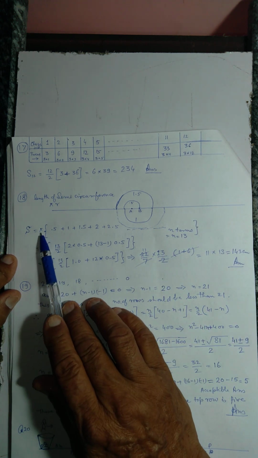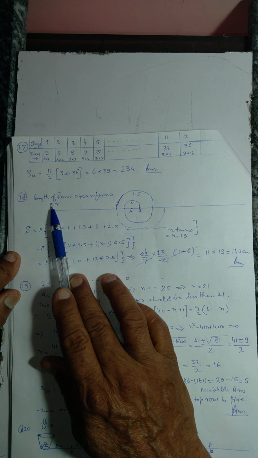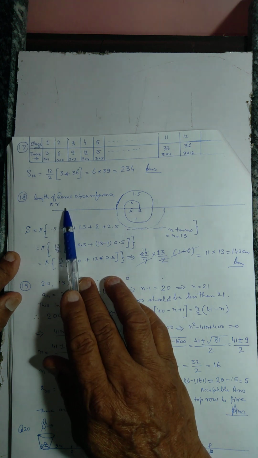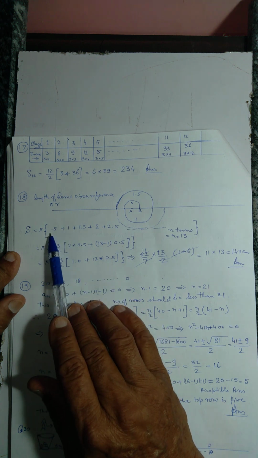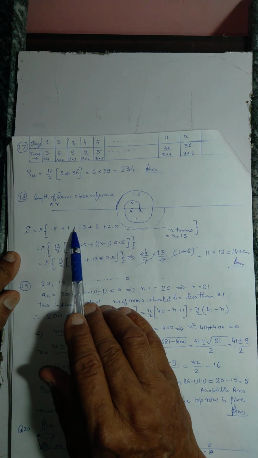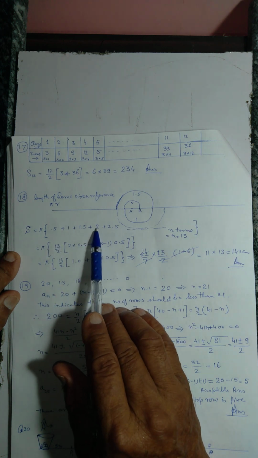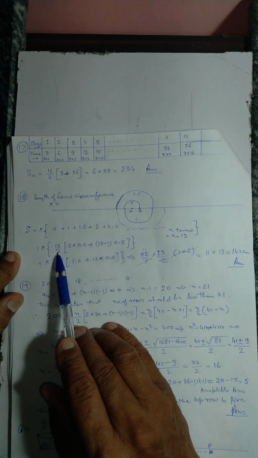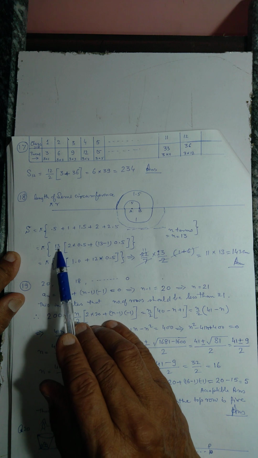So pi into r, that is pi into radius, will be the circumference of a semicircle. The radii are 0.5 plus 1 plus 1.5 plus 2, 2.5 and so on. So how many semicircles are there? That is 13.